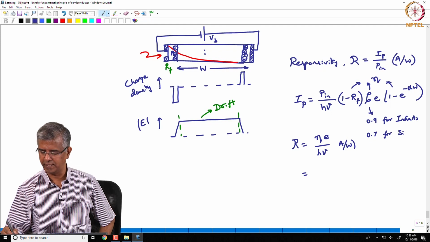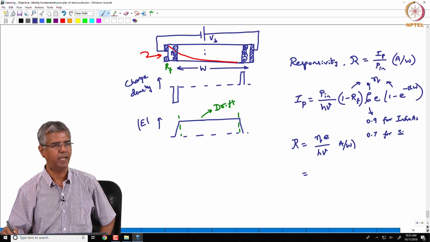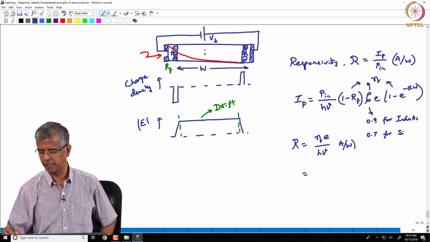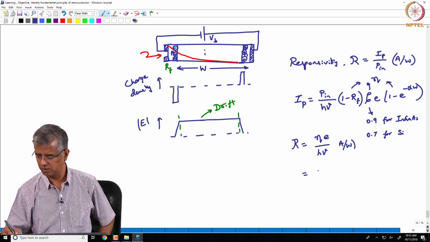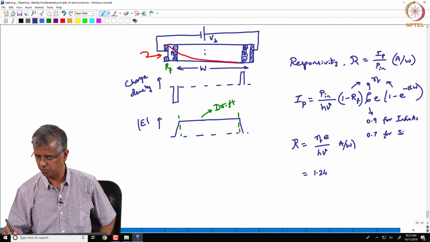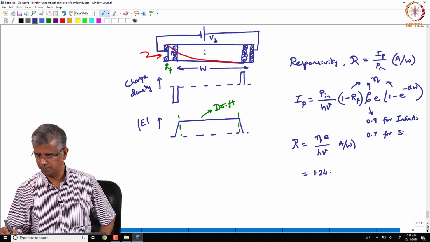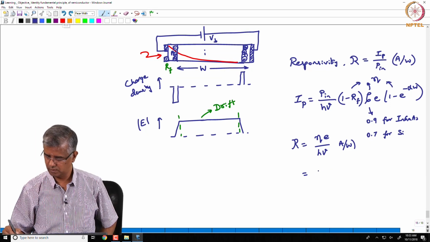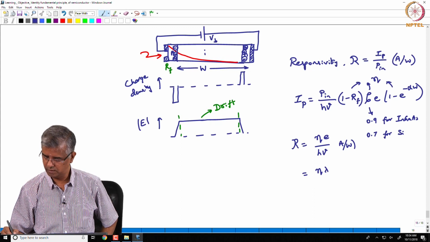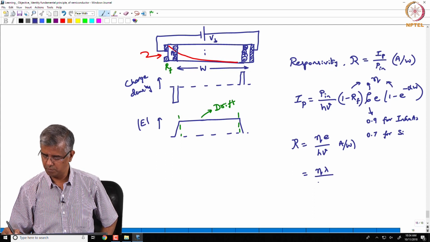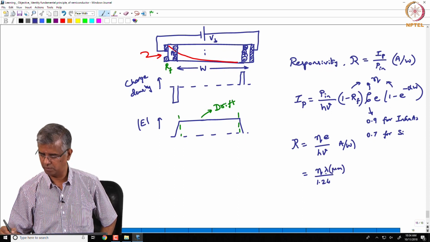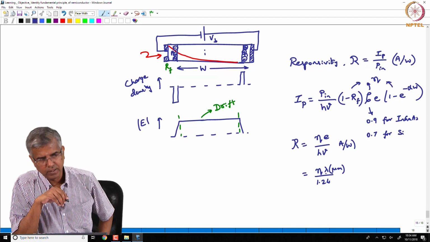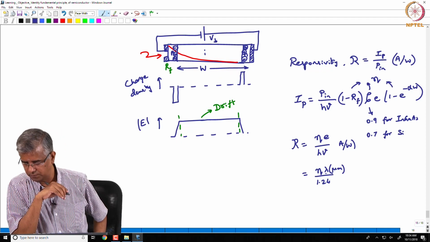So, nu you can write as c over lambda, right. So, h, c and E are all constants. So, you are going to have eta lambda divided by a factor of 1.24, where lambda is expressed in microns. So, that is actually a relatively easier thing to compute.